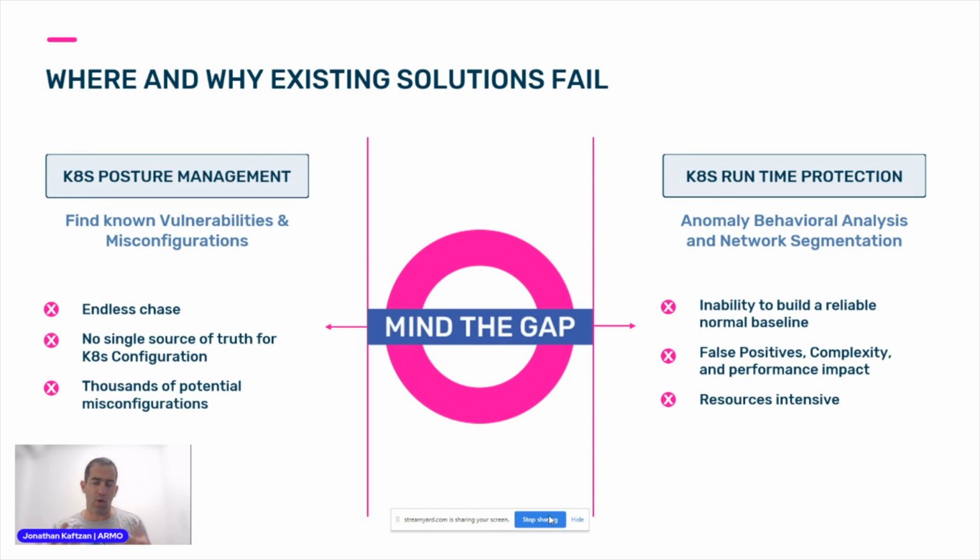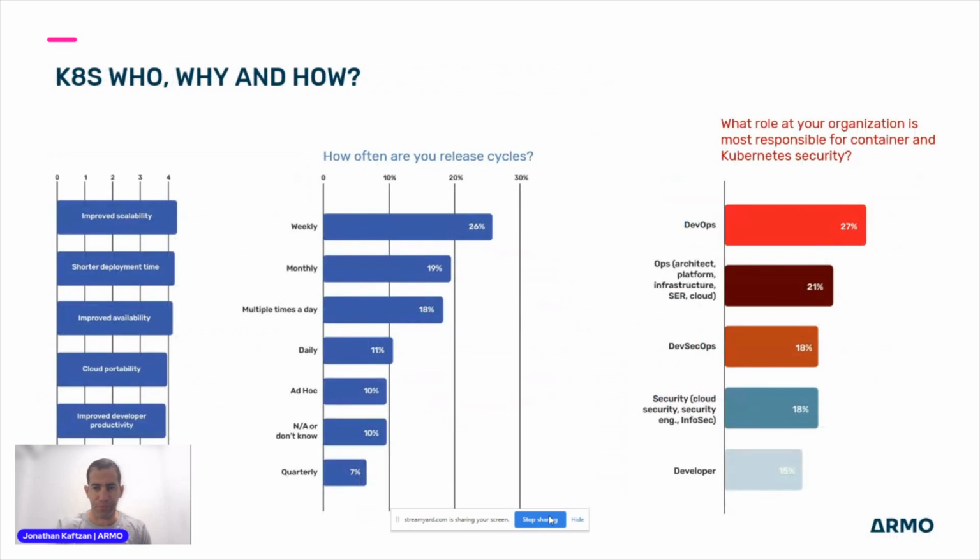It would be very cool if I know about vulnerabilities or misconfigurations that I cannot fix right now, and I can tell my runtime solution, you should know about it, and you should protect me against these vulnerabilities or misconfigurations being exploited. This gap, with these two types of solutions not talking with each other, is one of the biggest challenges we have in this market right now.